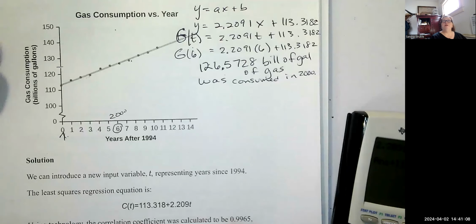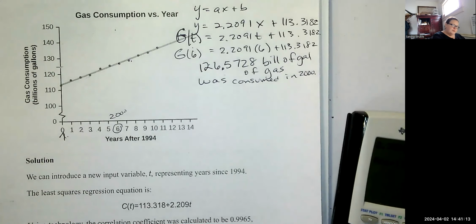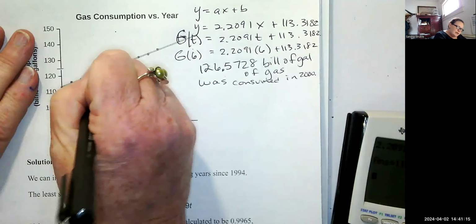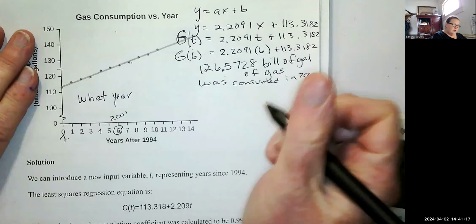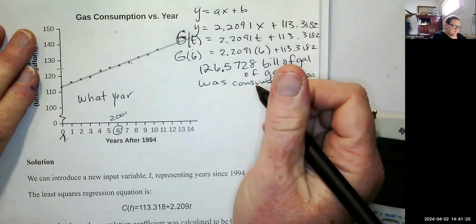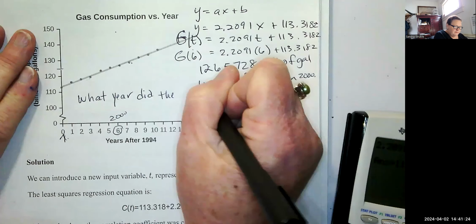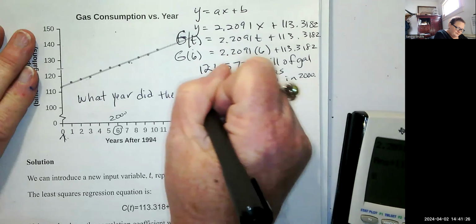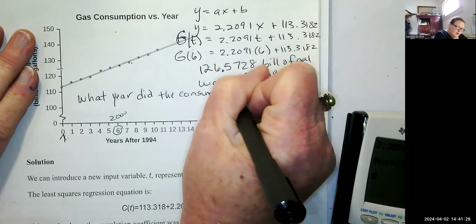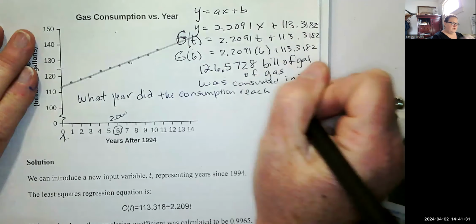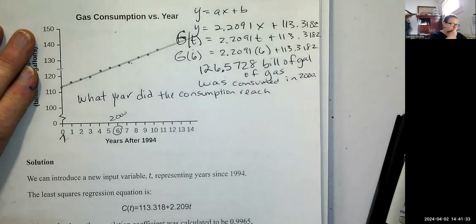So what if I wanted to know what year, let's go with this. What year, this would be the other question I'd ask. What year did the consumption reach, what can we say? How about 128?